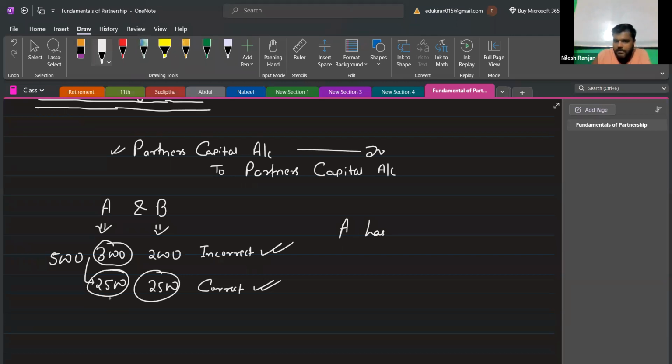Excess. Yes. So A has received 3,000, but he should get only 2,500, while B got only 2,000, while his share is 2,500. So A has to pay to the firm, and B will get.